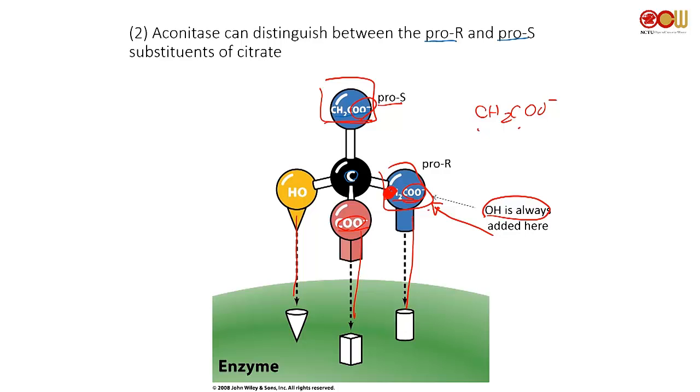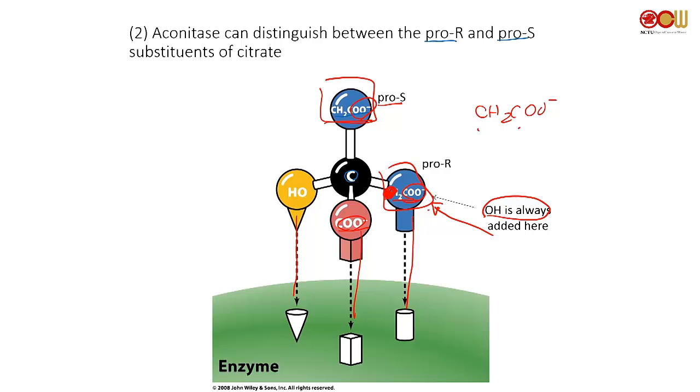Why? Because you can imagine your enzyme's active site is on the enzyme. When your substrate, citrate, comes in, it has to point toward the enzyme, not point up. If it points up, it's not going to react.